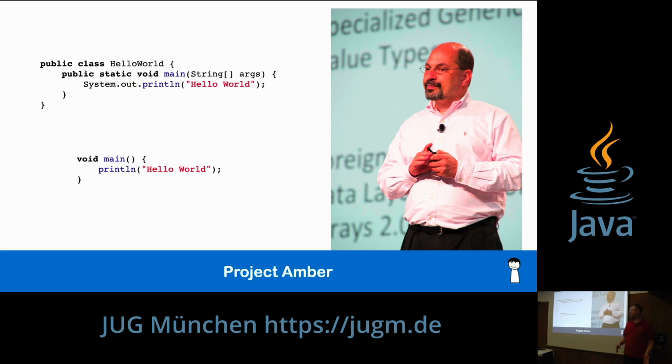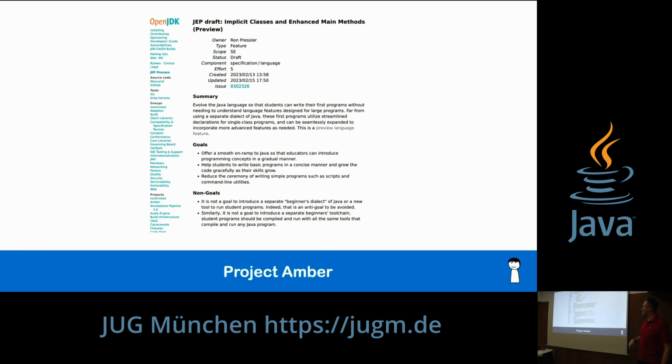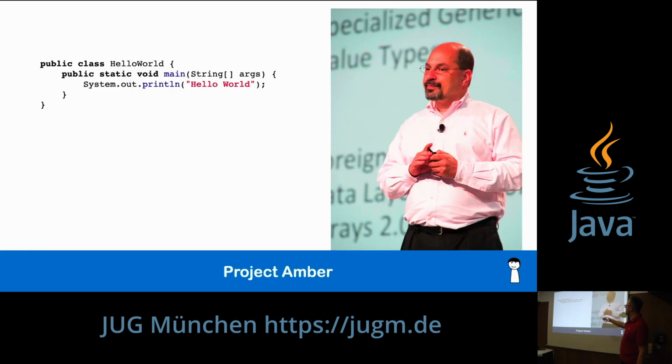And they are saying that they are not stealing from Kotlin. If you are a Kotlin developer, you probably see some pattern there. After such a discussion on the mailing list or in some publication, you receive JEPs, Java Enhancement Proposals. In this case, it's implicit classes and enhanced main methods. To achieve that, we need implicit classes, something that would encompass Java code that is not wrapped in any class, so it's added there.